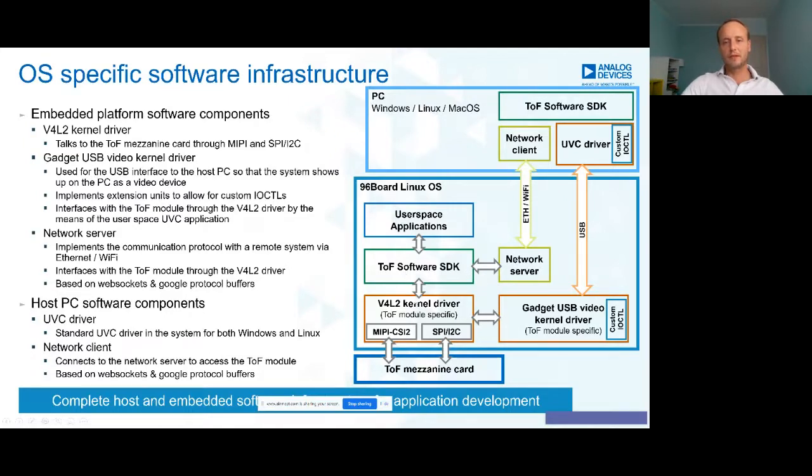And what's nice about this is that it provides all the tools for the different development stages. For example, in the initial stages, people are doing prototyping, algorithm development, application development, and it's much easier to do those kinds of things on a PC. So it's definitely preferred to use the network or the USB connection and run all the software on the PC. Once everything is stable and the software gets optimized, it can be transferred to the embedded platform.